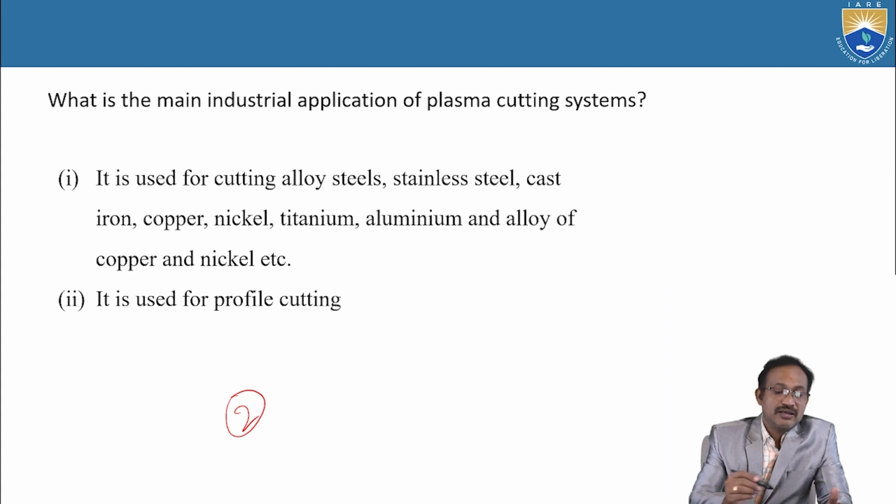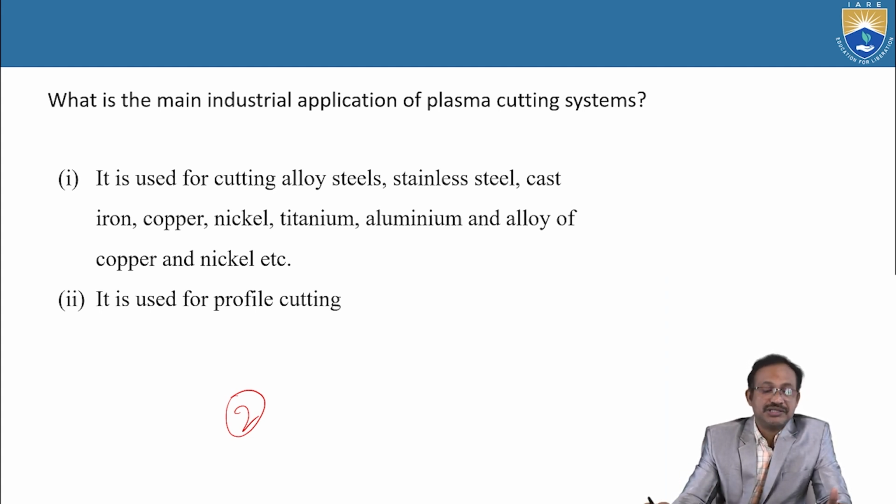Let us have two important applications. It is used for cutting alloy steels, stainless steel, cast iron, copper, nickel, titanium, aluminum, and alloys of copper and nickel. The second application is that it is used for profile cutting.